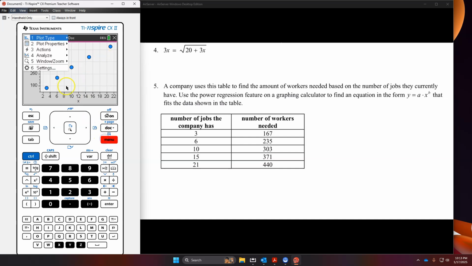So we're going to go to Menu, Analyze, and then Regression Power. And so our equation will be 96.5 times x to the 0.498.